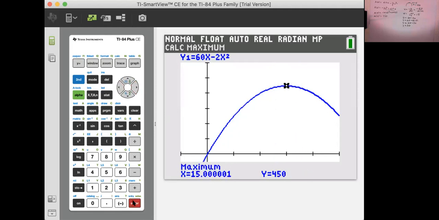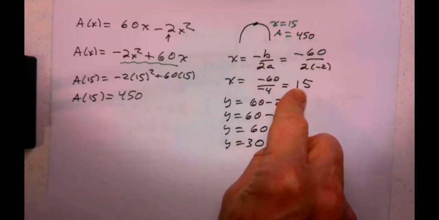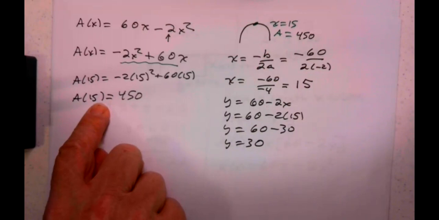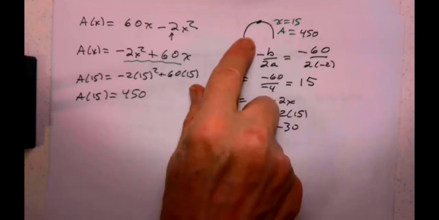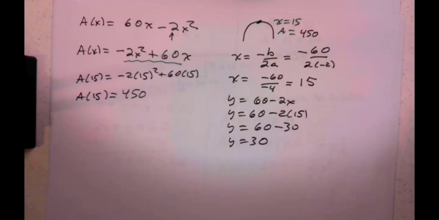Enter, and what do we have? Indeed, 15, 450 was our vertex, which is what we said before when we did our negative B over 2A. We had X was 15, and we plugged the 15 into the area function to get 450, so that our vertex had X of 15 and an area of 450.